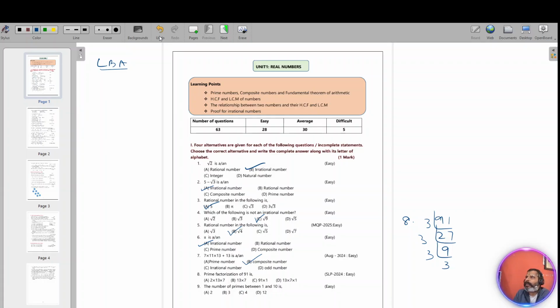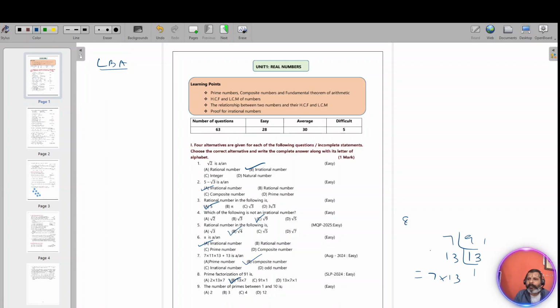Oh, my mistake. 91 goes in 7, not 3. 7 1s are 7, 7 13s are 91, and that's it. So 7 into 13. 7 into 13 or 13 into 7, both are same.